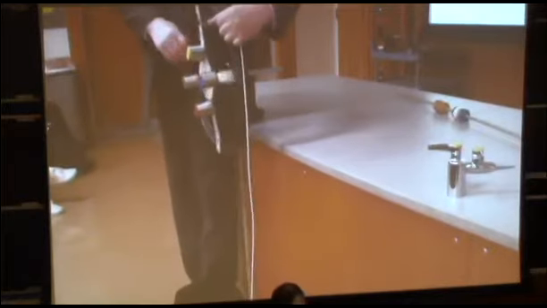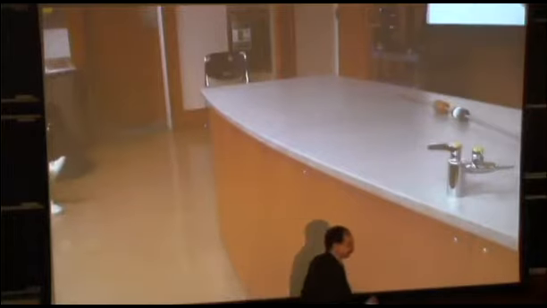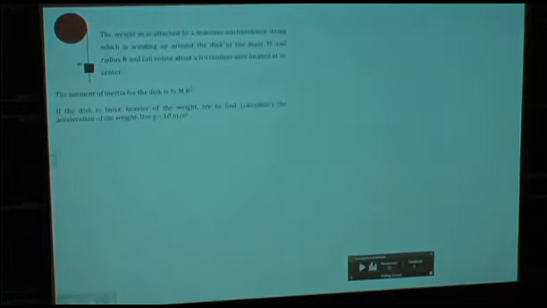So for this object, we have to write what law for the weight? What is the name for that law which we write for an object attached to a string? What is the name of the law for this object?